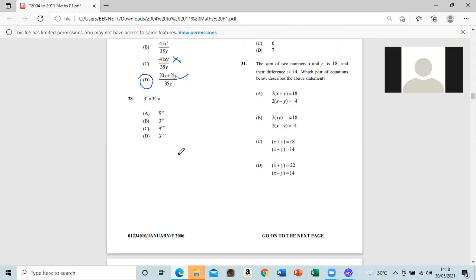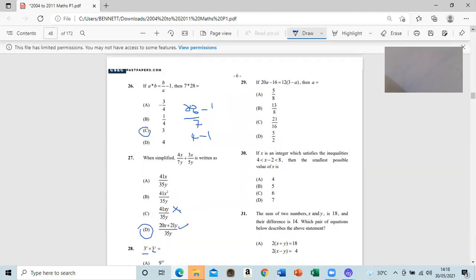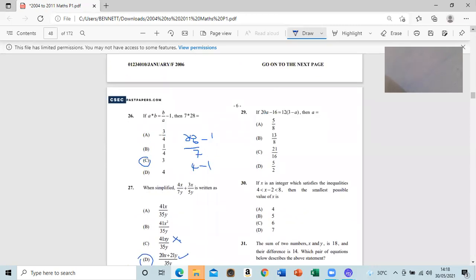No, just say B or D. Just say dog or something. When the base is the same, we add the power, so that'll be x plus y. So it's D. And then they were very smart to say 3 times 3 and 9. I like that.